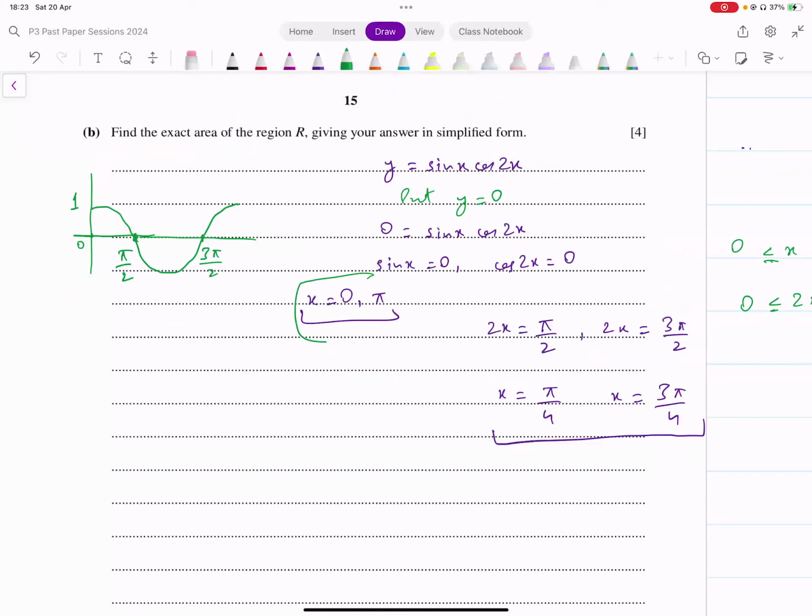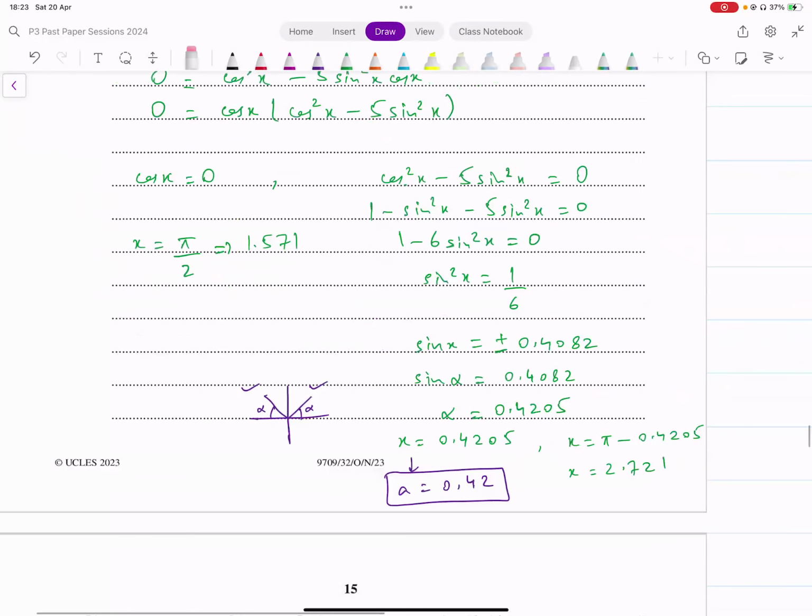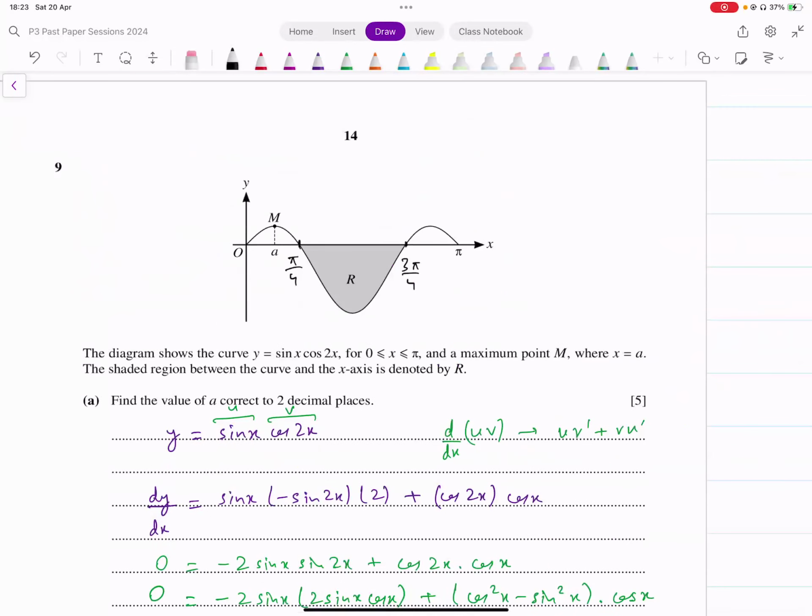We got these 4 solutions. These are the x-intercepts of the graph, which are 0, pi over 4, 3 pi over 4, and pi. Limits are these two, pi over 4 to 3 pi over 4. These are the limits that we're going to be using here.